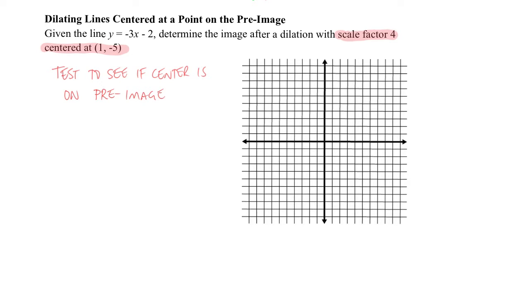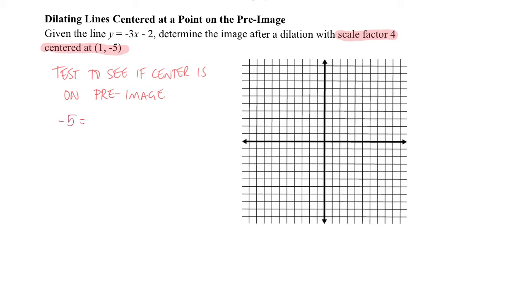What I want to know is, is the center of dilation on the pre-image line? Well, the way that I check that, I could graph it, I suppose. An algebraic way would be to plug in. So I've got my coordinates, x and y, and I have my equation. So let's plug in and see if that actually happens.